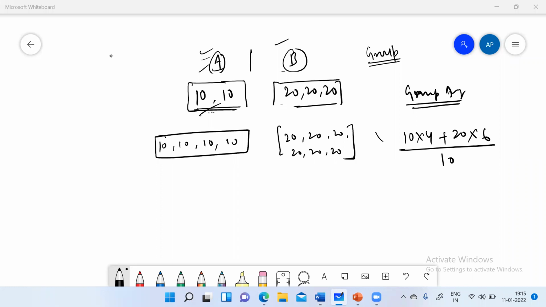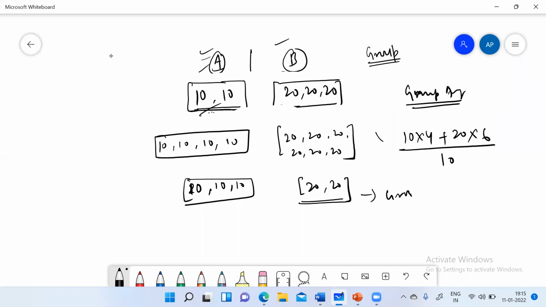If there are 3 students in A whose average is 10, and just 2 students in B whose average is 20, what will the group average be? If you're not understanding anything, you can just calculate it in the simple way: 10 into 3 plus 20 into 2 divided by 5, which is 70 by 5, 14.